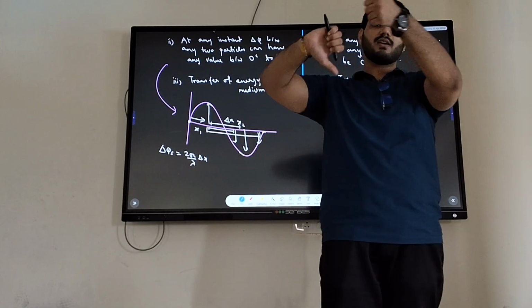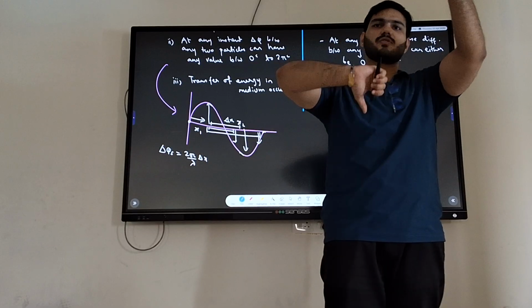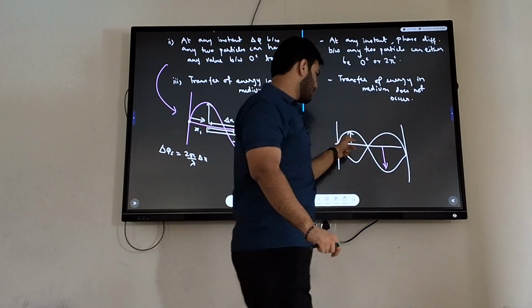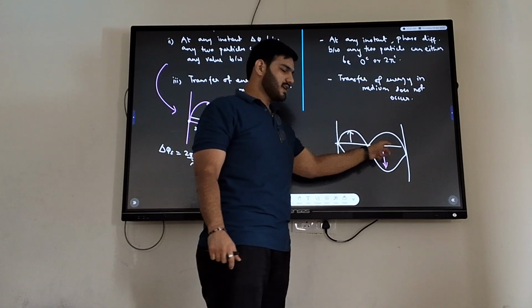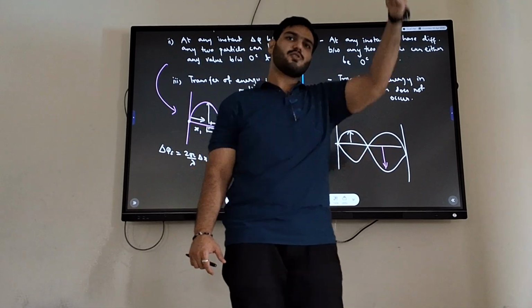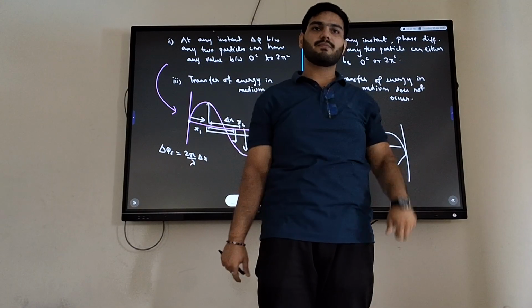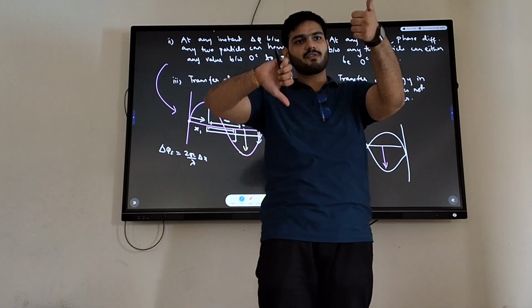Always. They are always out of phase. When this moves up, this moves down, always. Yes or no? If I take any particle from this lobe, and any particle from that lobe, every time this goes up, the other will go down. So what is the phase difference between them? That's pi. Always out of phase, no?